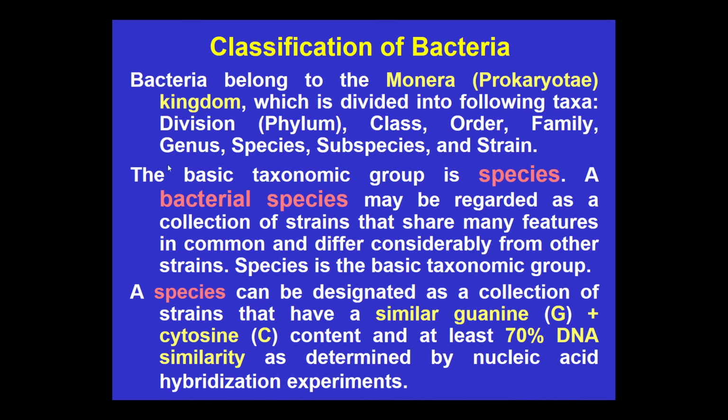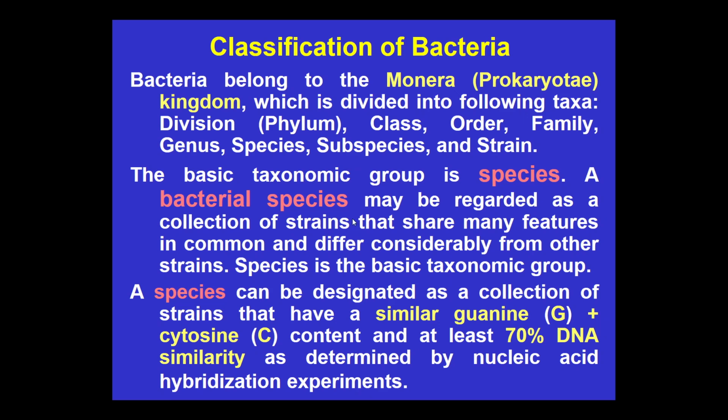So then, bacteria belong to Monera, and then we also may identify their class, order, family, genus, species, subspecies, and strain. But of course, the basic taxonomic group is species.